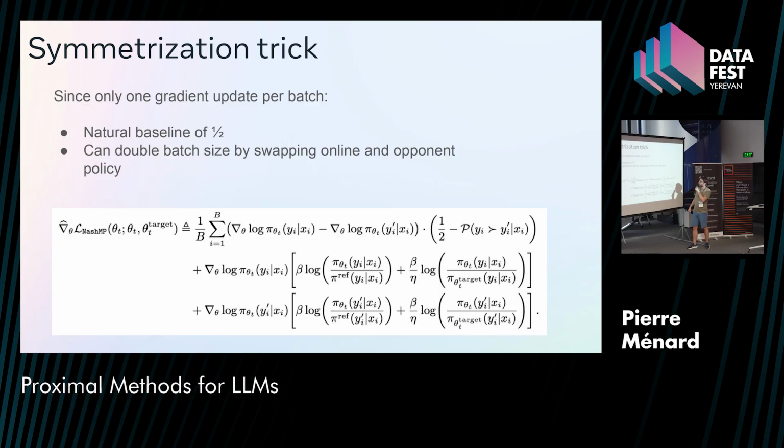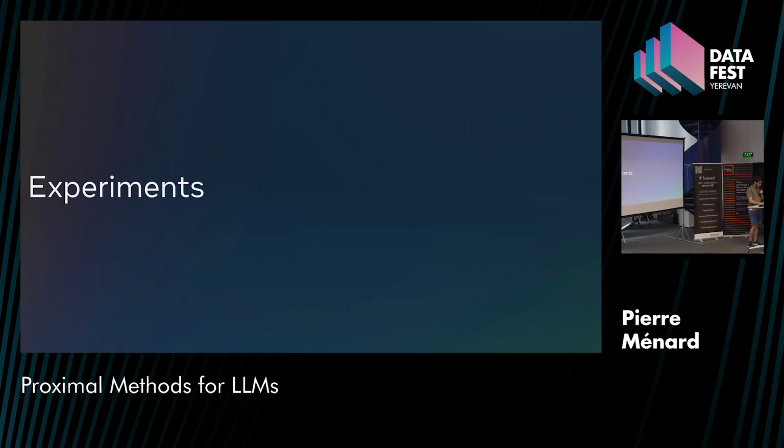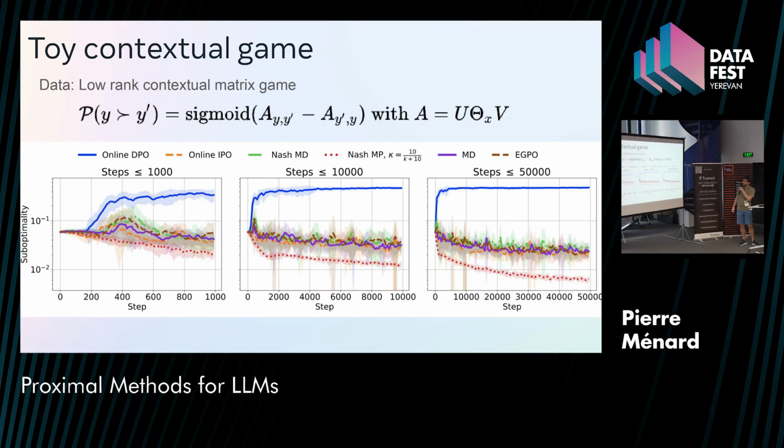And also, this is how we approximate the gradient: in our batch, we can exchange data from the online policy and the opponent policy to double the batch size. So these are minor improvements. And yeah, let's look at some experiments now.